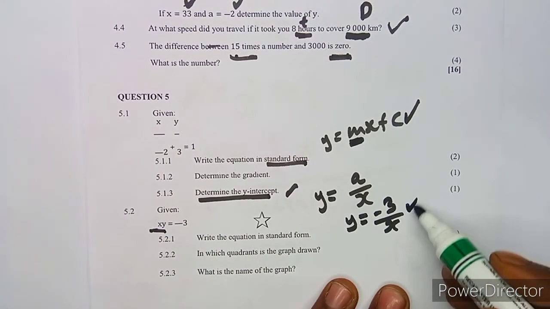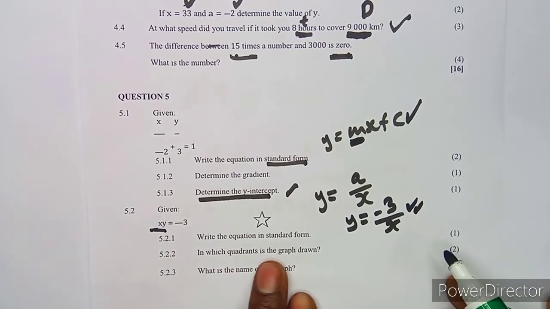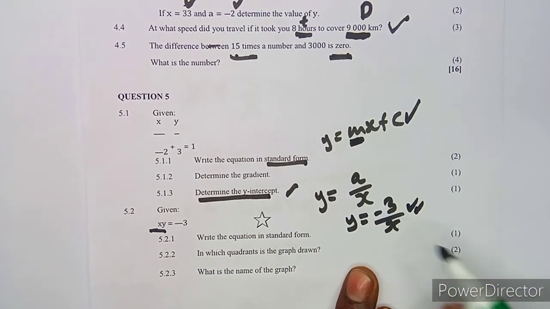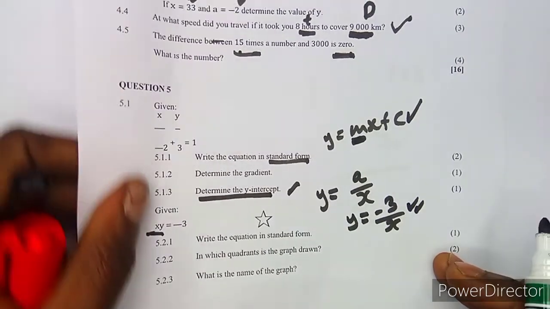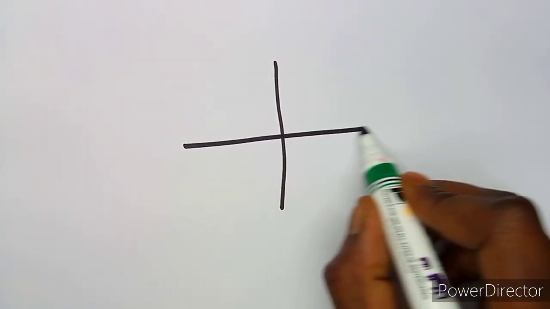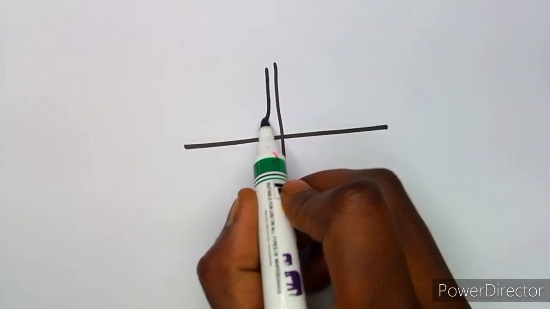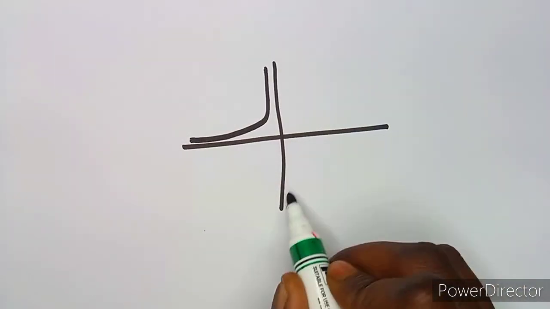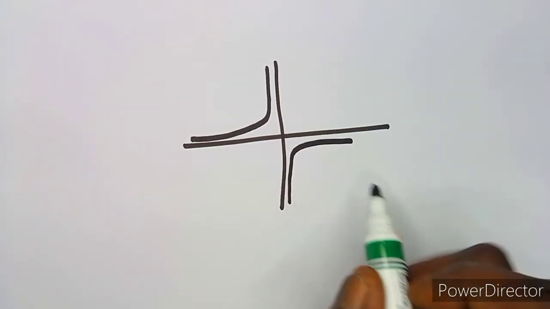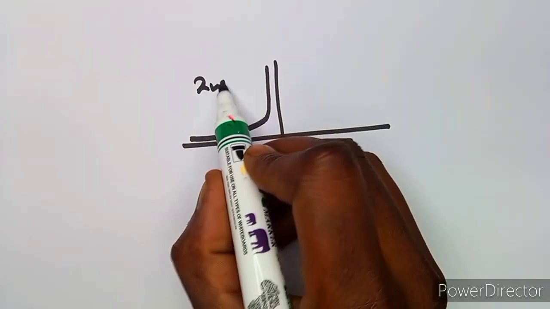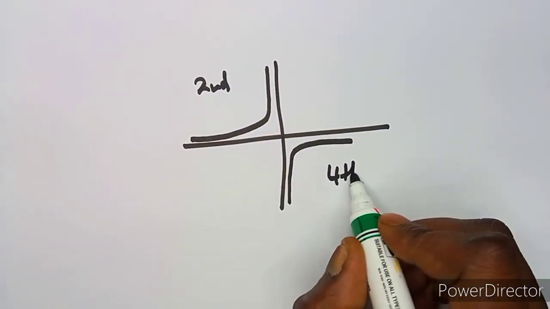All right, so in which quadrants is the graph drawn? When there is a negative like this, it is going to be drawn in the second and fourth quadrants. It's going to be like this. When it is a negative, it's in the second quadrant and in the fourth quadrant.